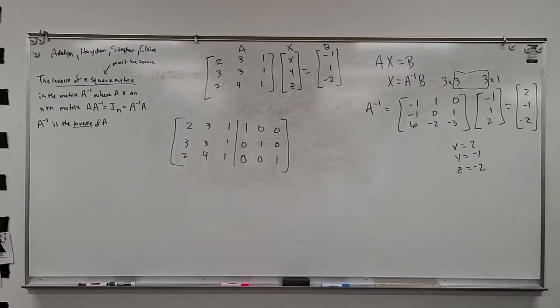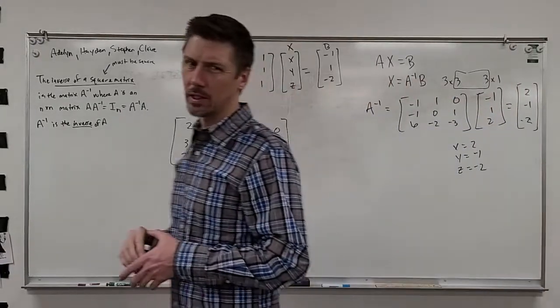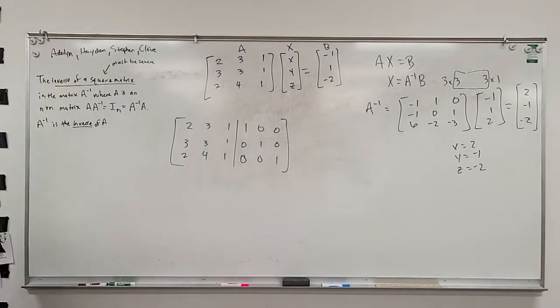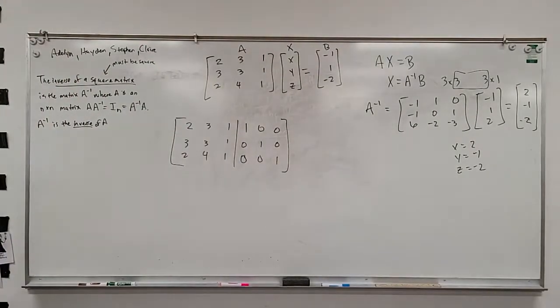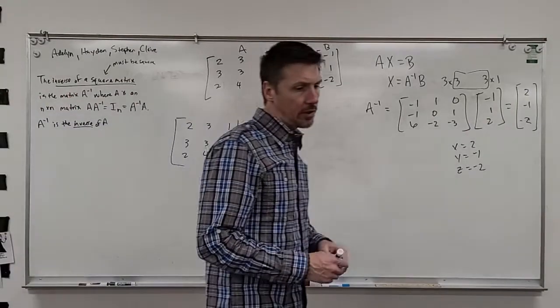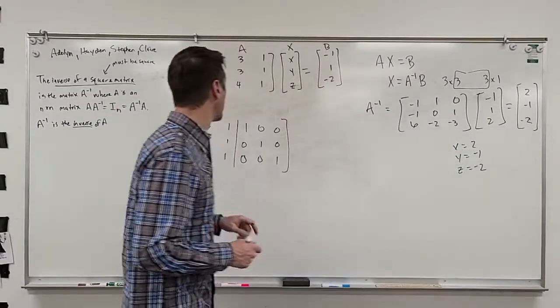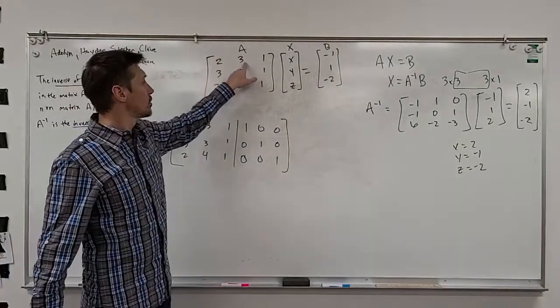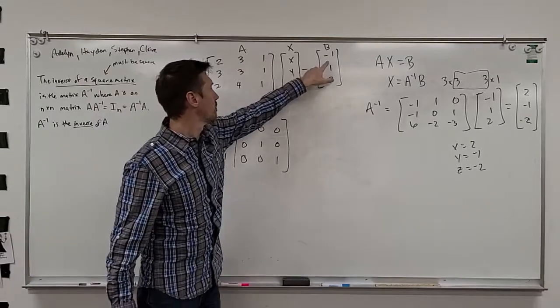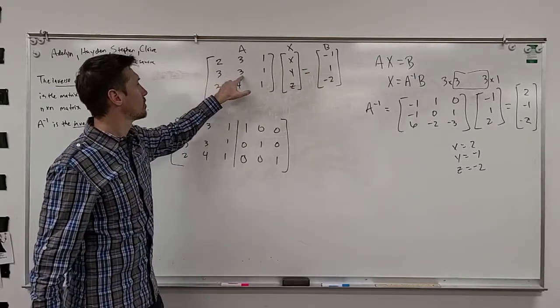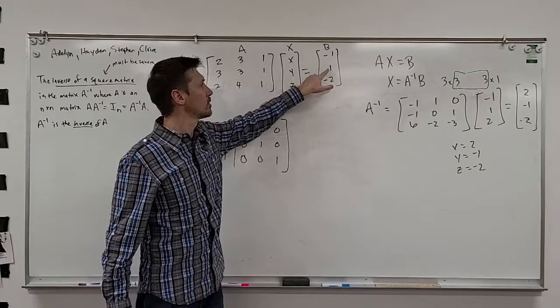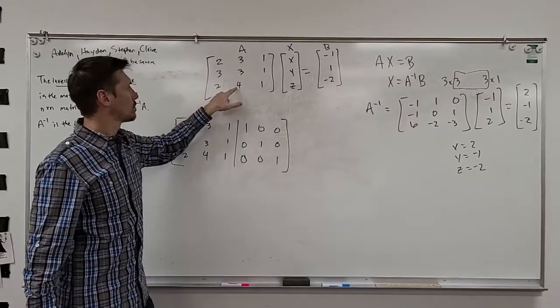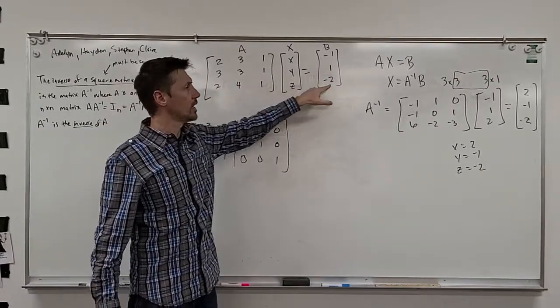All right? I don't want to do all the multiplication just because it's time consuming, but do you guys see how I did that? Do you understand the steps? And remember, we started with a system of linear equations: 2x plus 3y plus z equals negative 1, and 3x plus 3y plus z equals 1, and 2x plus 4y plus z equals negative 2.